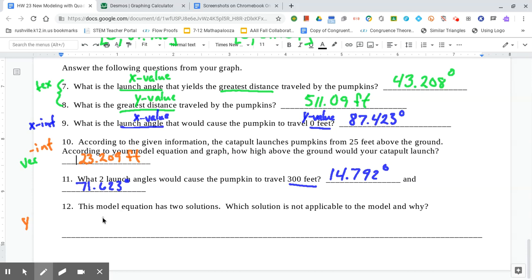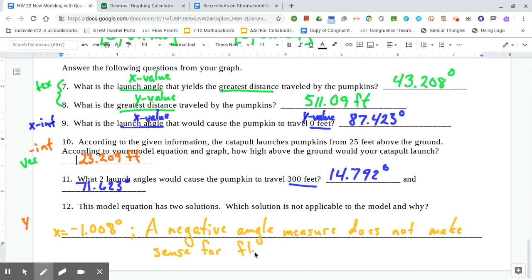And so why is that one not applicable? Well, this x equals negative 1.008 degrees is not applicable because a negative angle measure does not make sense for flinging pumpkins.